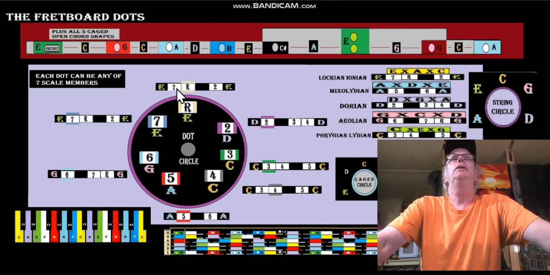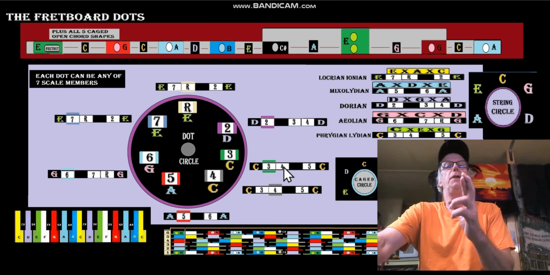Now, a little word about 7 and root and 3 and 4. They're in the same cage, so we kind of treat them as one note.